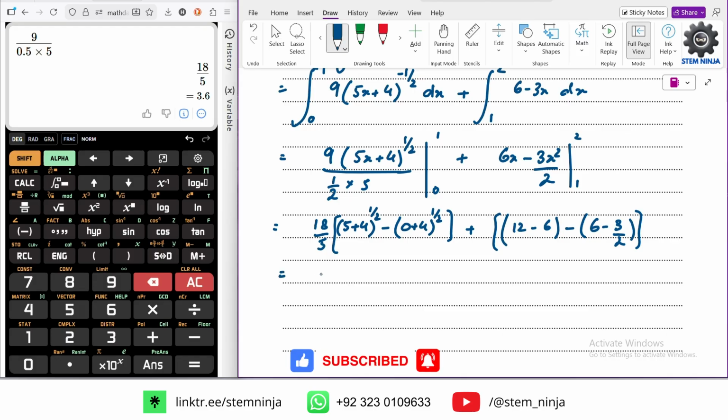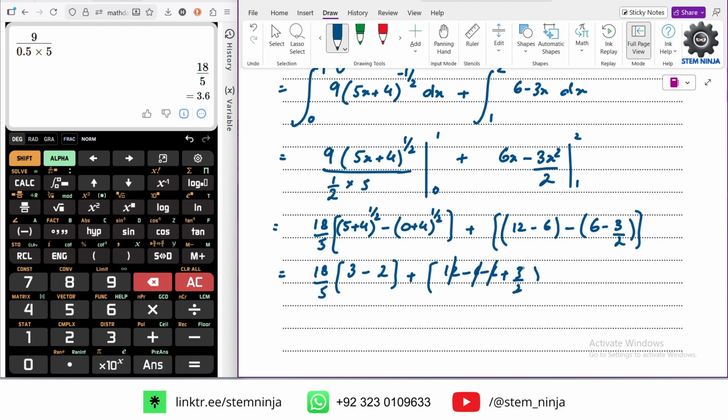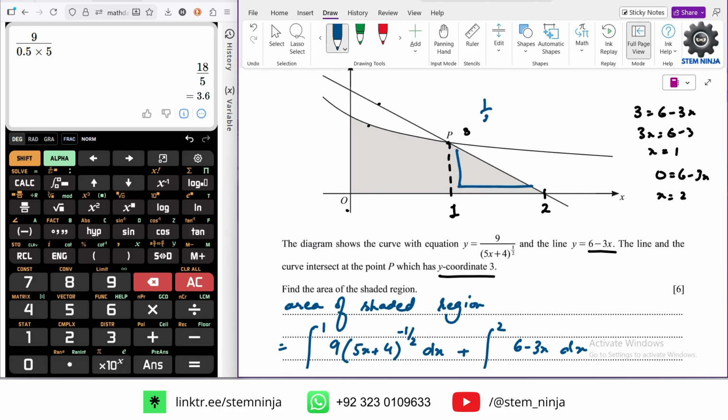Okay, alright. So 18 over 5, 5 plus 4 is just 9, 9 square root is just 3, and 4 square root is just 2, plus, as you can see, 12 minus 6 is just 0, 12 minus 6 plus 3 by 2, so this thing just cancels out, only 3 by 2 left, and that's exactly what we would have just gotten by doing half times by 3 and 1, 3 by 2.